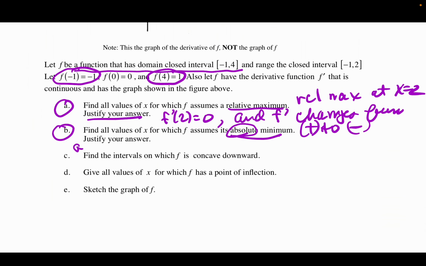All right, so I'm going to say there's an absolute minimum. They only want the value of x. They don't want the whole value, at x equals -1.